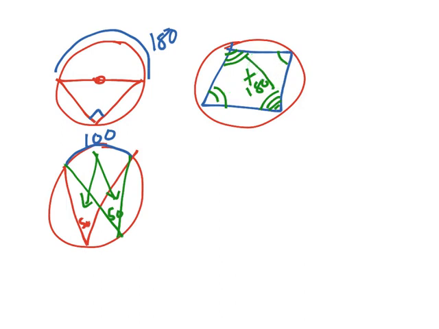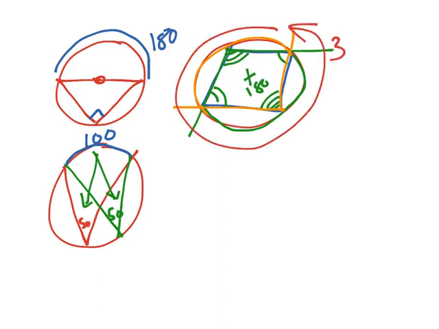And the reason why is because this intercepted arc deals with this one, and this one deals with this one. Together, the orange and the green both made the full circle, which was 360 degrees. Which means half of that, this one and this one, both have to be 180 because they're half the circle.